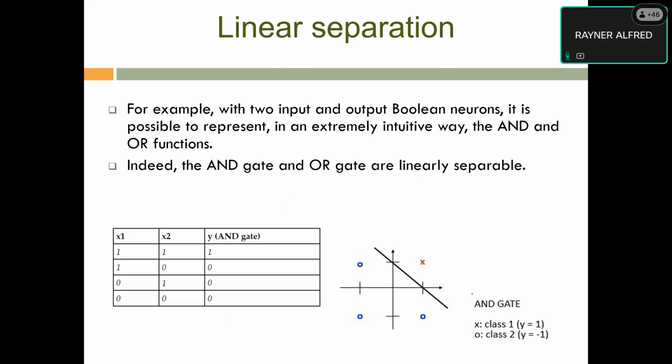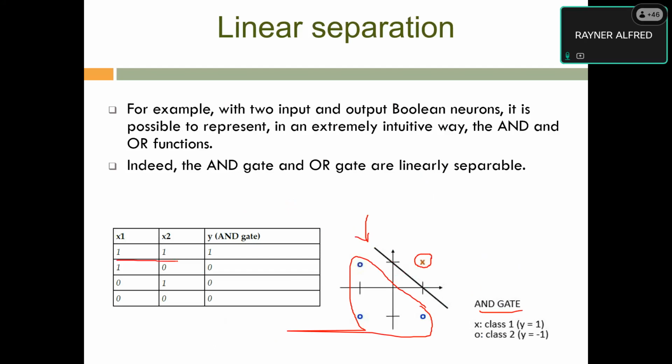For example, if we look at this 2 input and 1 output Boolean neuron, it is possible to represent the AND and OR functions here. For example, if this is your positive and this is your negative class, we can use the AND gate to show that, okay, if you have 1 1, so 1 1 is here, so this is the line that we have.